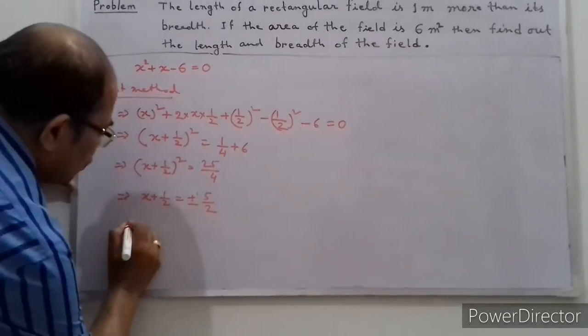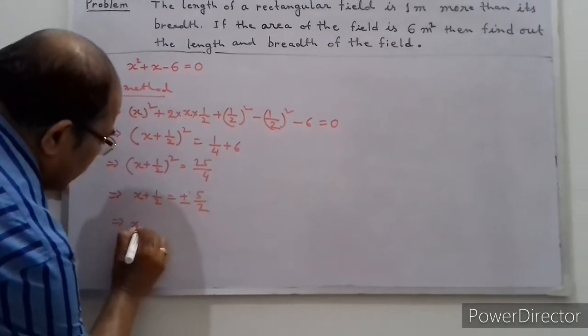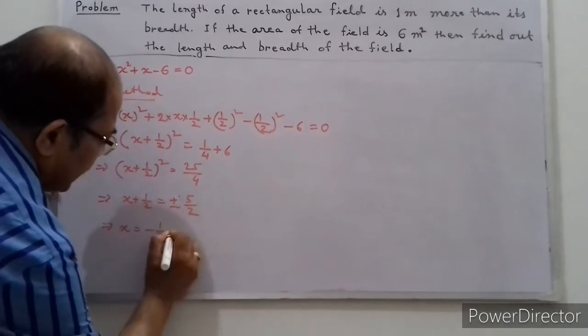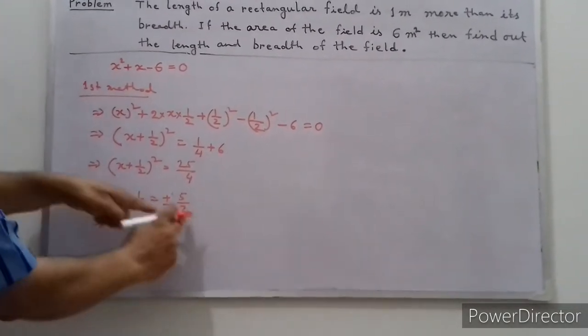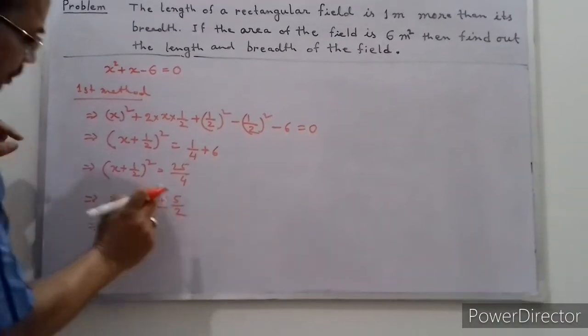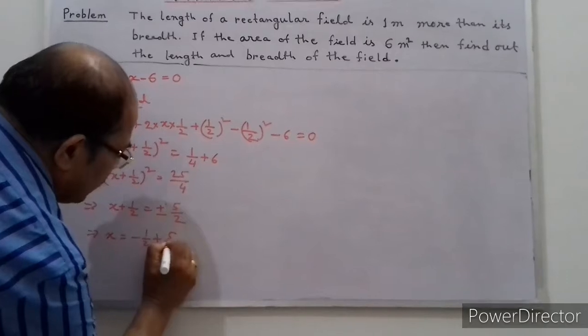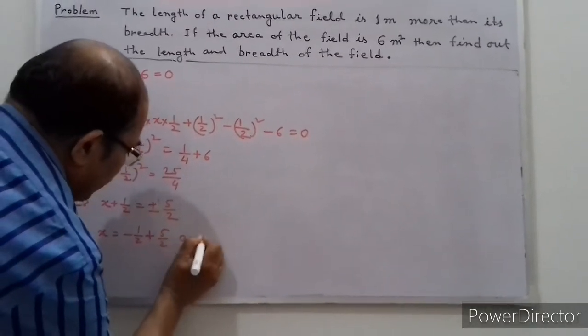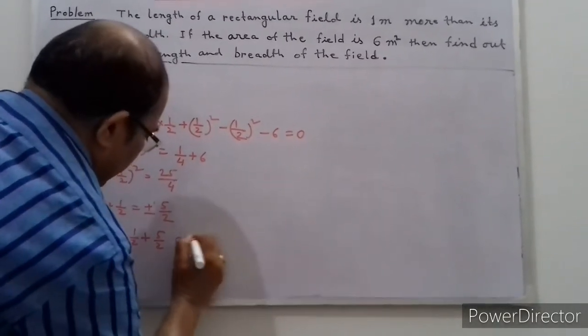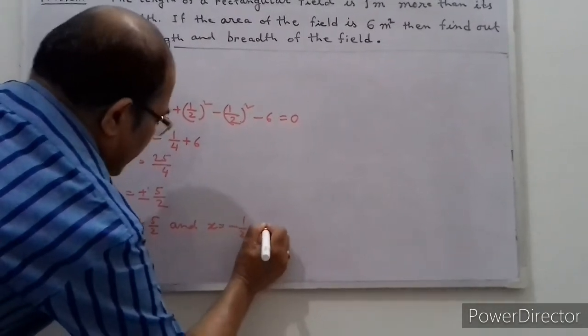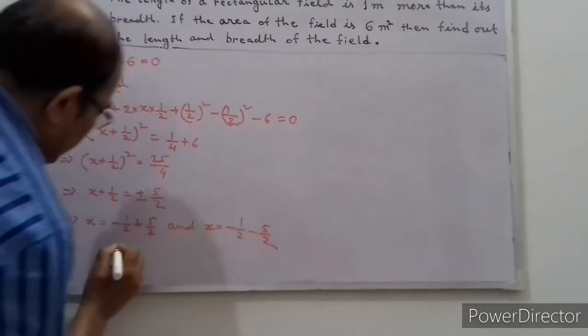So x equals minus half, if we take this to the right hand side. So minus half plus 5 by 2, and the other value is x equals minus half minus 5 by 2.